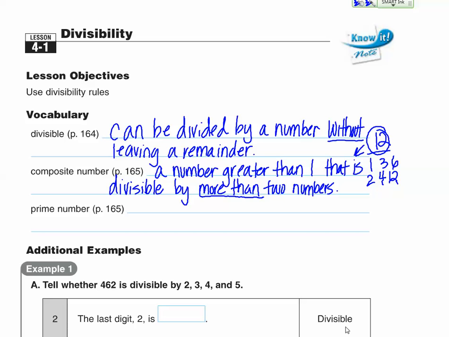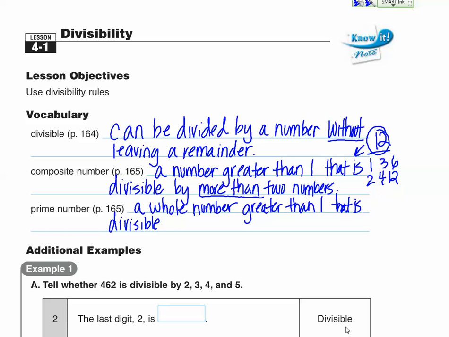Our last definition here is prime number. A prime number is a whole number, so it has no decimals or fractions. It's a whole number greater than 1 that is divisible by only the number 1, because everything's divisible by 1, the number 1 and itself.